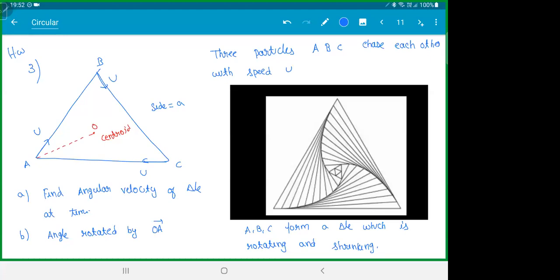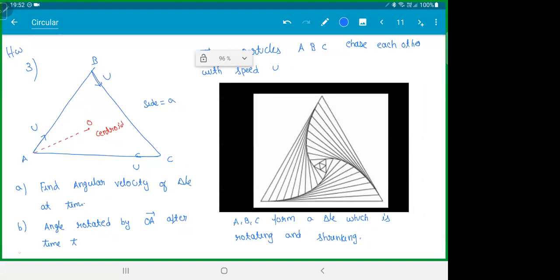Basically, it is the same thing as angle rotated by triangle. It's a good question. I can add something more also. Find area of the triangle at time t. That is not circular motion actually. But okay, it is there, so we'll just dump it there.